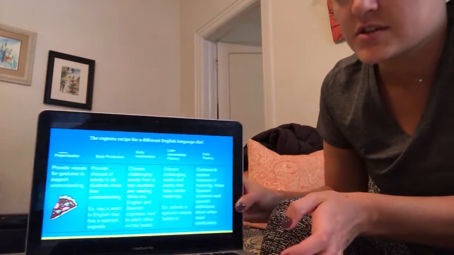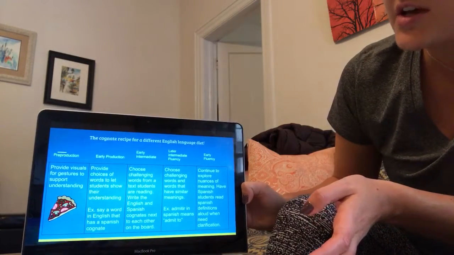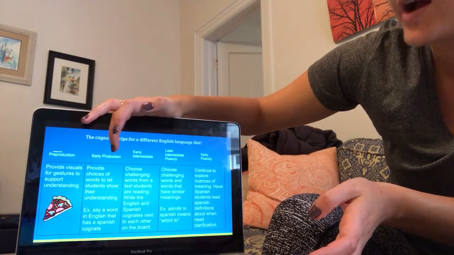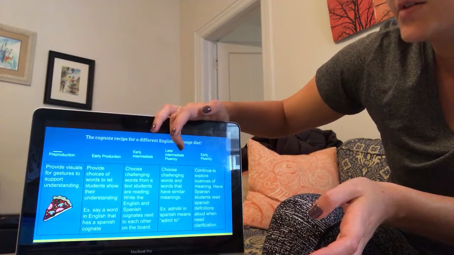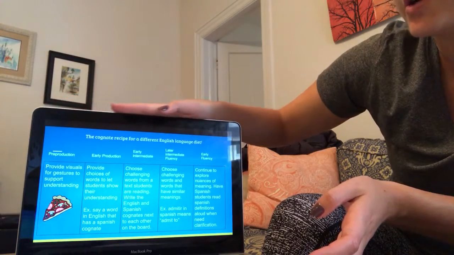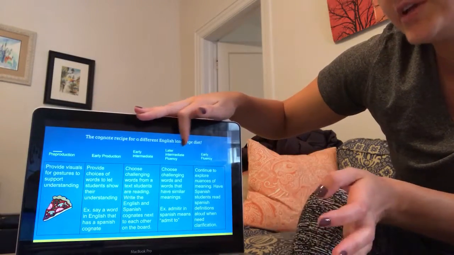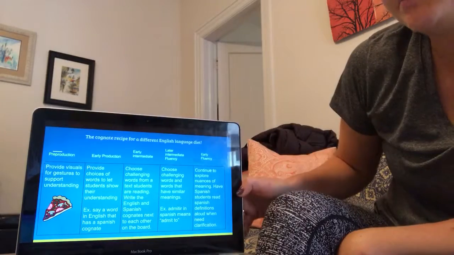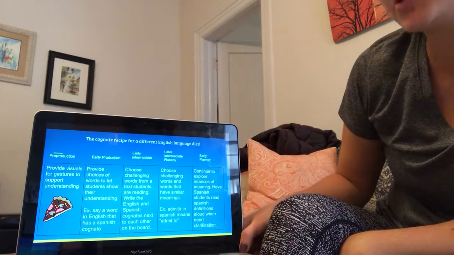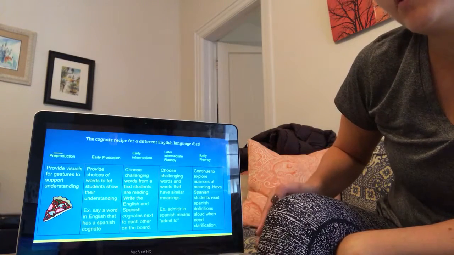So then this really is just a chart, a visual to show the teachers where the strategy of cognates falls for each of these developmental English language learners. So we have pre-production, early intermediate, later intermediate, and then early fluency. It really just depends on the English learners in your classroom and how you would implement the cognates, depending on where they are.